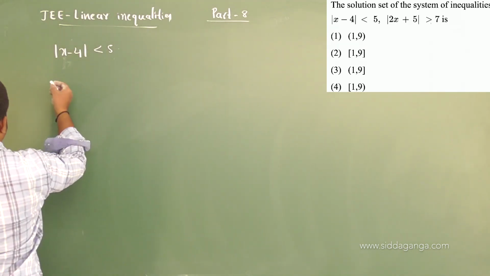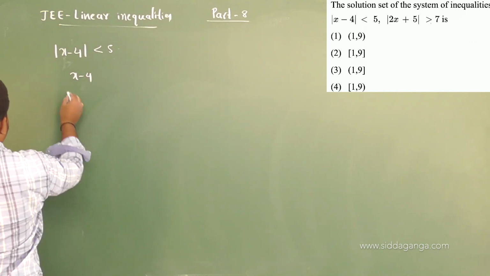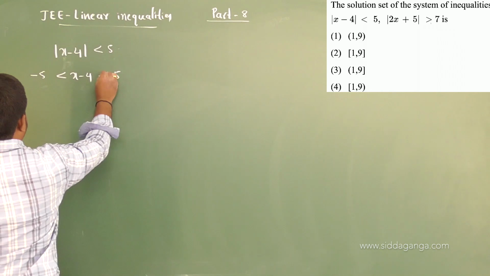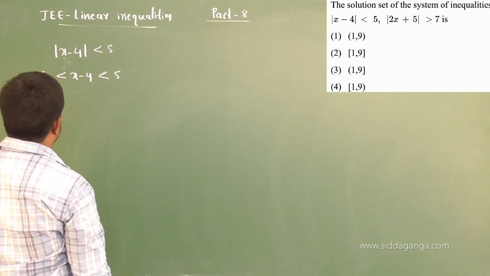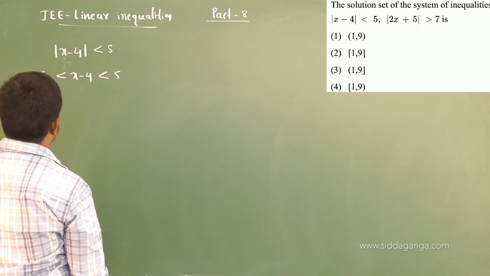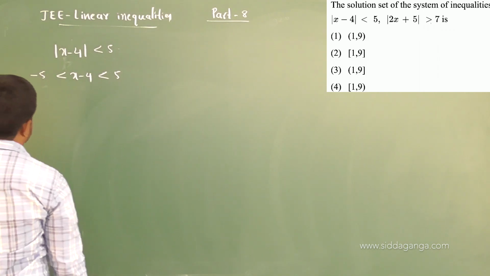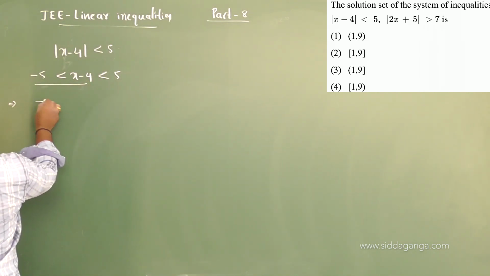I can rewrite this as x minus 4 greater than minus 5 and less than plus 5. When mod x is less than a, x lies between minus a and plus a. Let me solve these two.